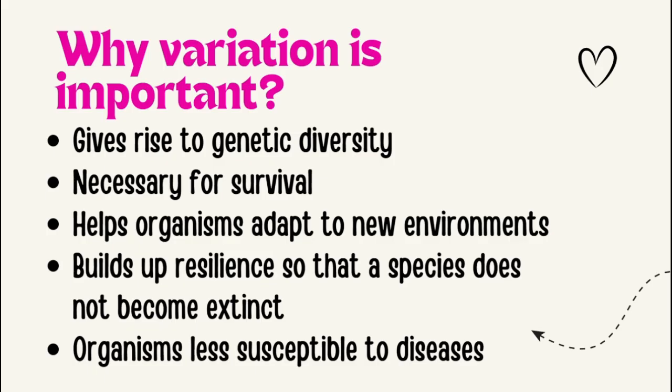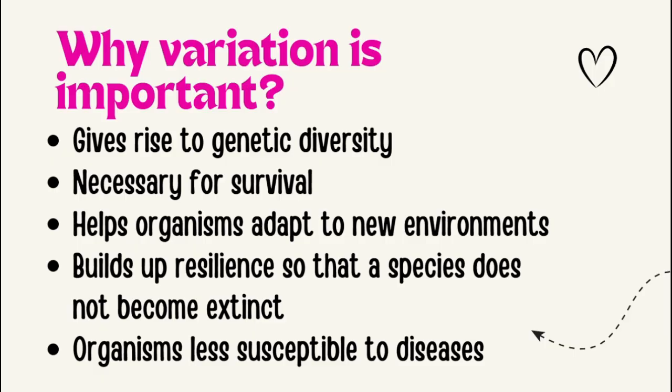Then we want to find out why variation is important, right? We said before that the entire point of all of this is to see how genes are passed on from one generation to the next. But how does variation fit into this? Variation is what is different between the generations or between the species. Variation is extremely important.